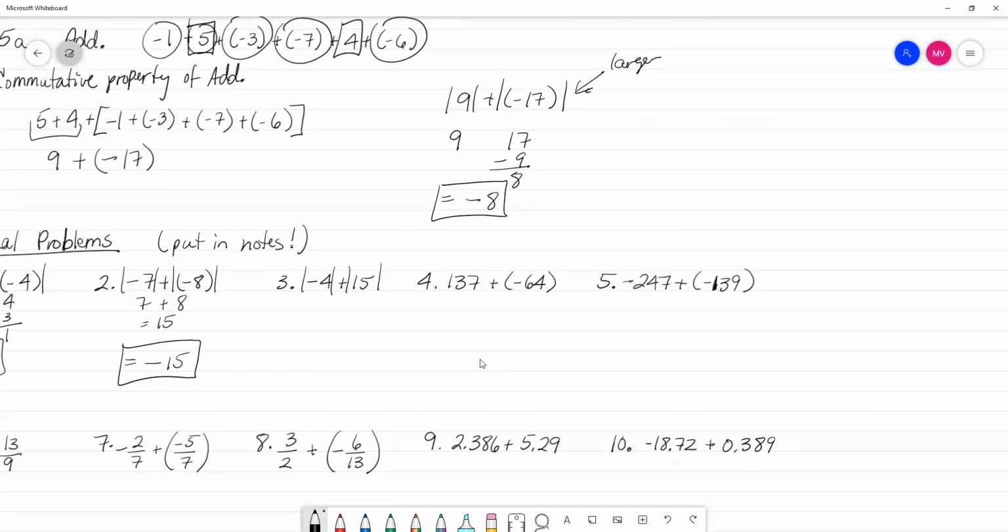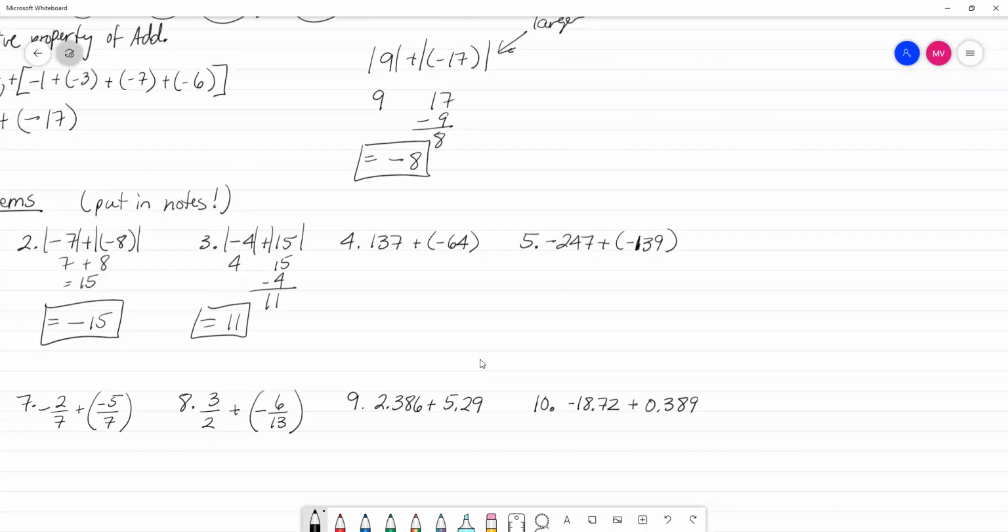So let's get our absolute values. We have 4 and we have 15. Now 15 is already positive, so we know that our answer is going to be positive. So let's just subtract our negative number, and this gives us 11, which is our sum.